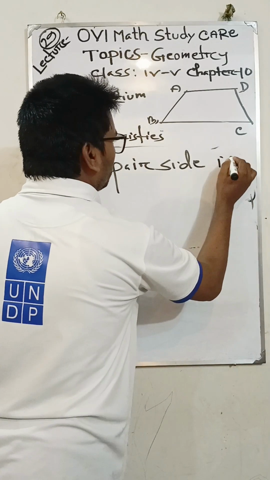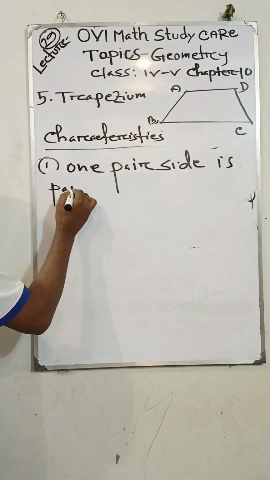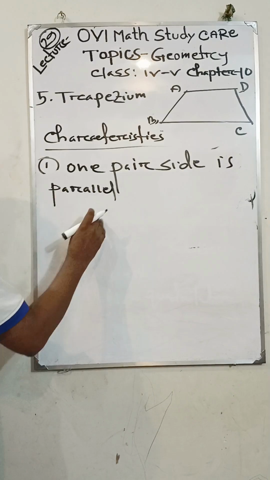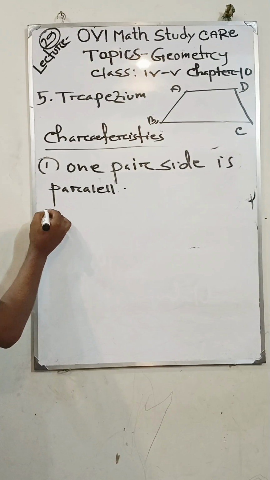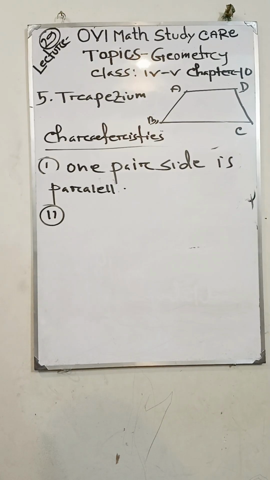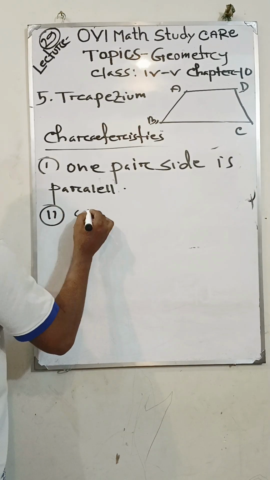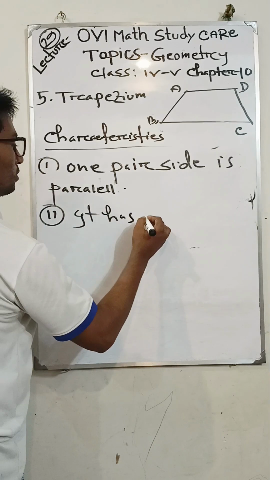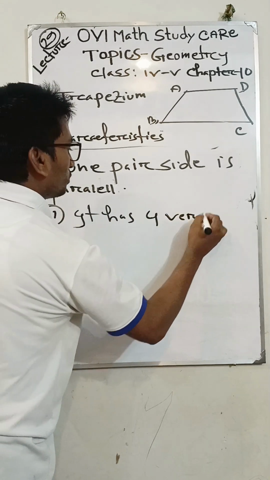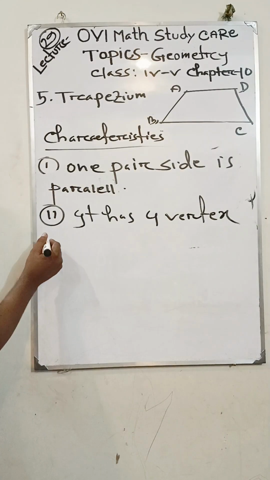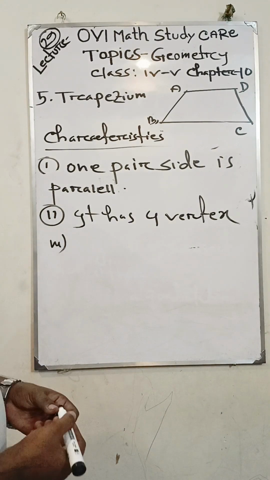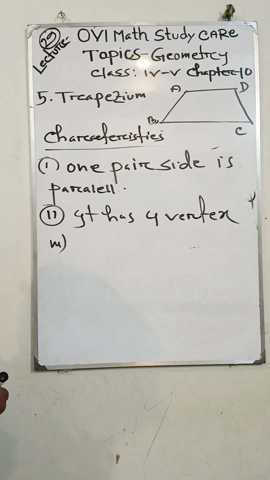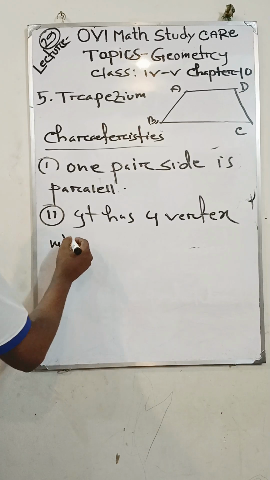Characteristic number 2, it has 4 vertices. Characteristic number 3, it has 2 diagonals.